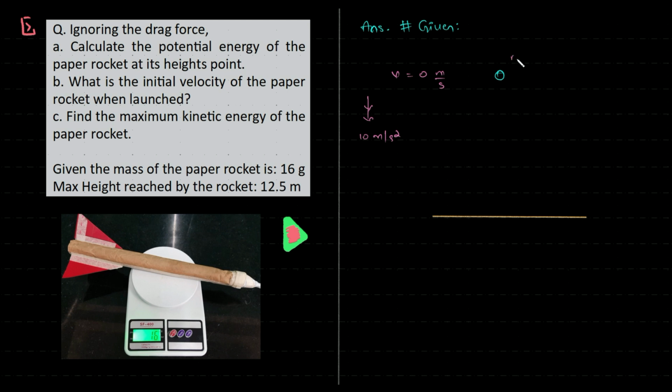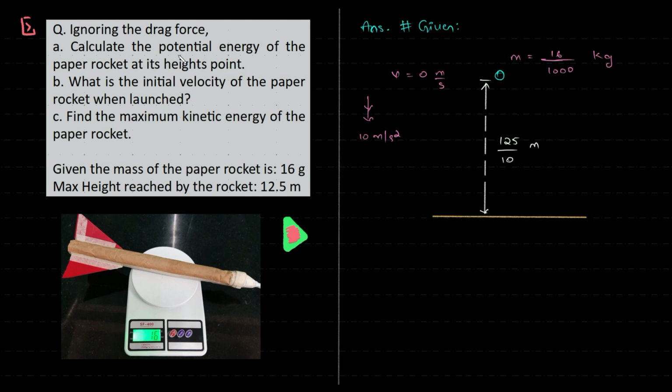The mass of this object is 16 grams, so 16 by 1000 kg. The height turns out to be, not 16, sorry, 12.5 meters, so basically 125 by 10 meters. Okay, so this is your entire setup.